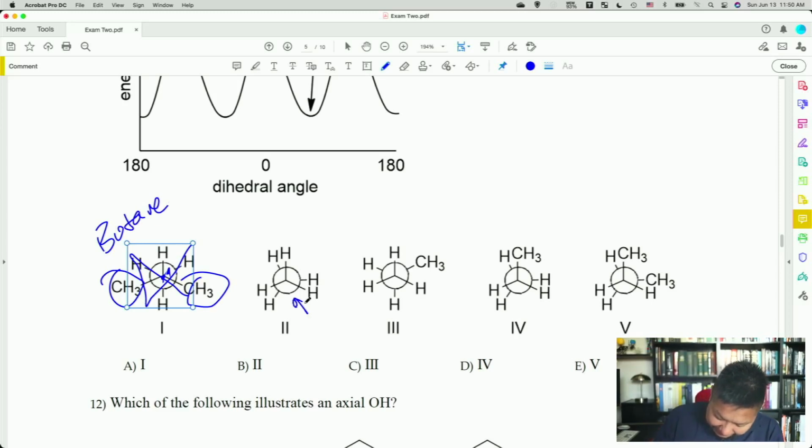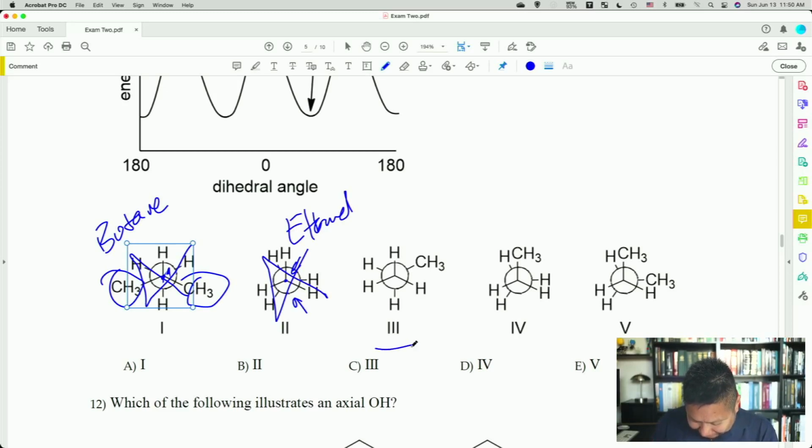Then look at this one here. This one only has 2 carbons, one in the front and one behind it, so it can't be that one because that's an ethane. Oh, good, we finally have a propane over here. We have another propane: 1 carbon on the substituent, and then 2 in the axis of the bond, on both III and IV.